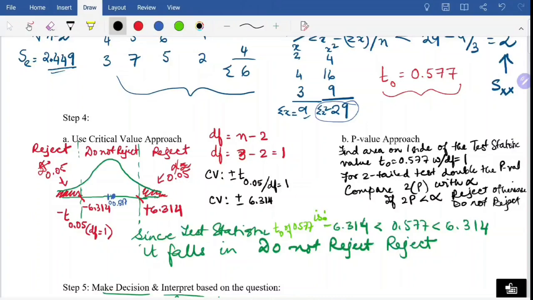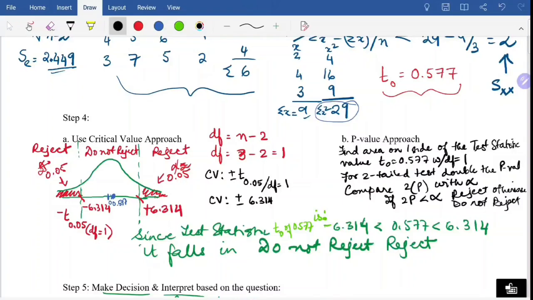Now towards the later stage of this course, I do give students an option to use either the critical value or the p-value approach. So if you think that you're not comfortable with the p-value approach in estimating from the table, especially because the table will not give you an exact value, you will have to use some estimation, a p-value that falls between this value and that value, between two values, or less than or greater than.